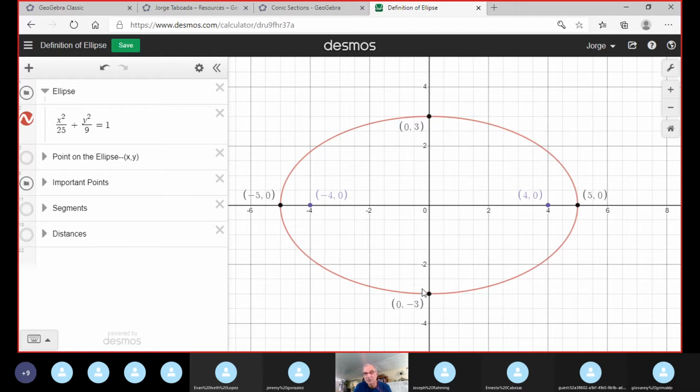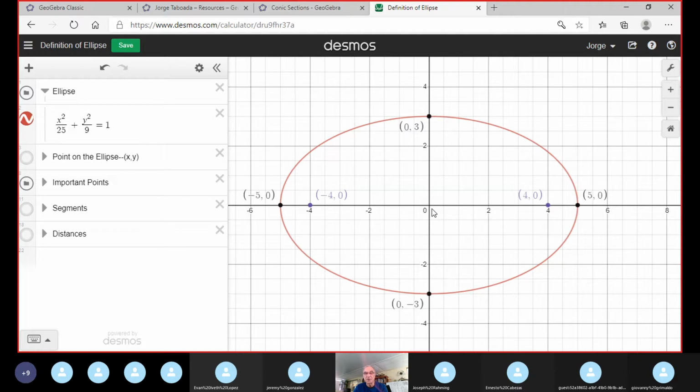So, if I ask you, what is the distance of the major axis? Well, it is the distance from the center, which by the way in this case is (0,0), to any vertex, 5. In the other direction, what is the distance of the semi-minor axis? 3, vertical, up, down.